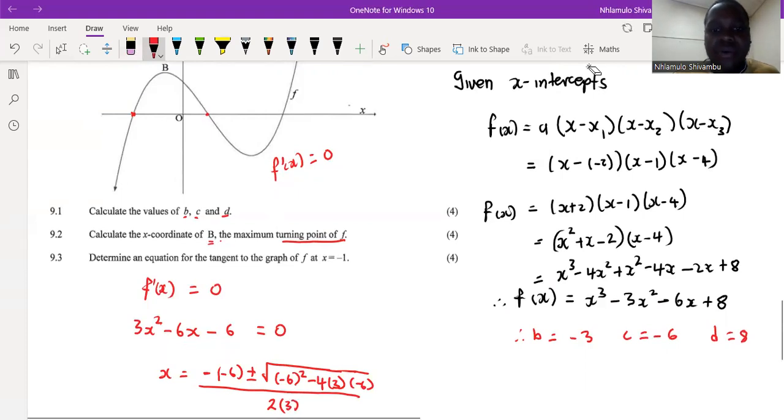And then that will give you two values of x. You press your calculator to get those two values. So the first value of x that we get is 2.73.